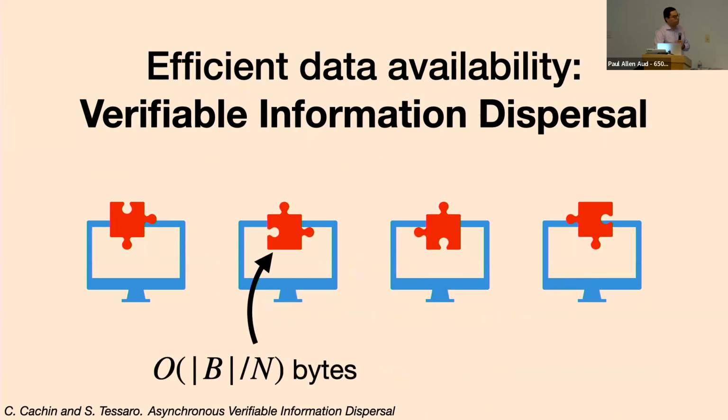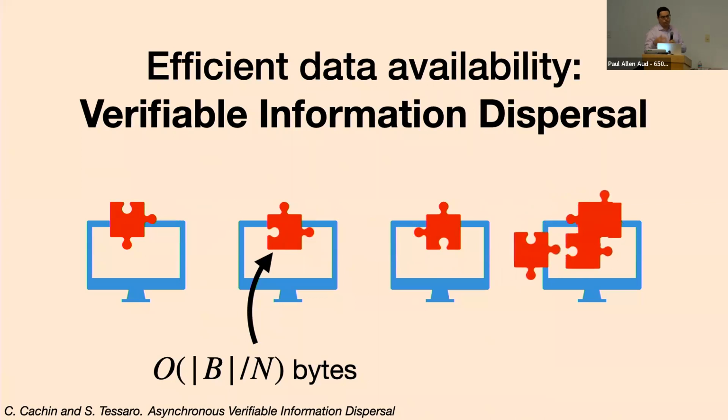So we give each node an encoded chunk from the block. Note that the sizes of these chunks are order b over n, where b is the block size and n is the number of nodes in the system. So this can be a lot smaller than downloading the entire block. At this point, nobody has the full block, but we know that if enough of these have been dispersed in the network, we'll be able to download it later and reconstruct the block.